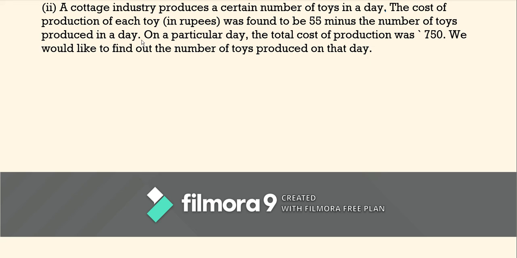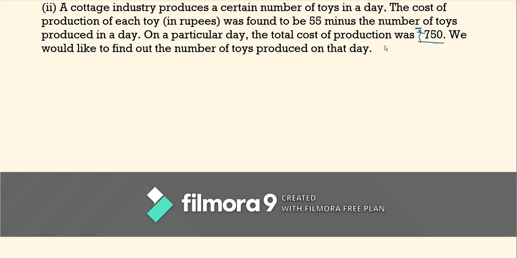Try to understand this question. This is a bit of a tricky question and nothing to worry about. I'm here to tell you how to solve this. On a particular day, the total cost of production was 750. We would like to find the number of toys produced on that day. So you have to again make a quadratic equation according to the given problem.